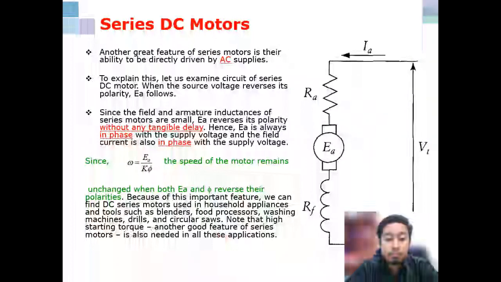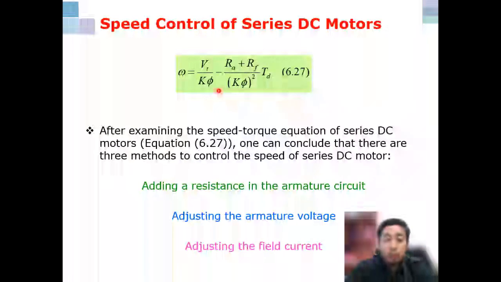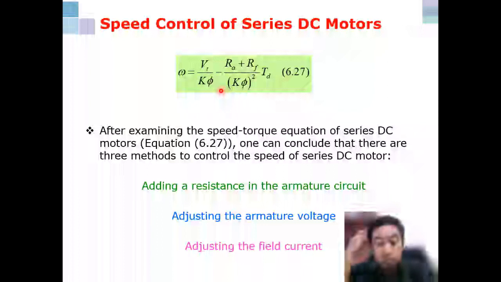So how do we control the speed of the series motor? You must know the final equation for the speed of the series DC motor, which is: speed equals Vt over Kv minus Ra plus Rf over Kv squared times Td, the torque developed, equation 6.27.